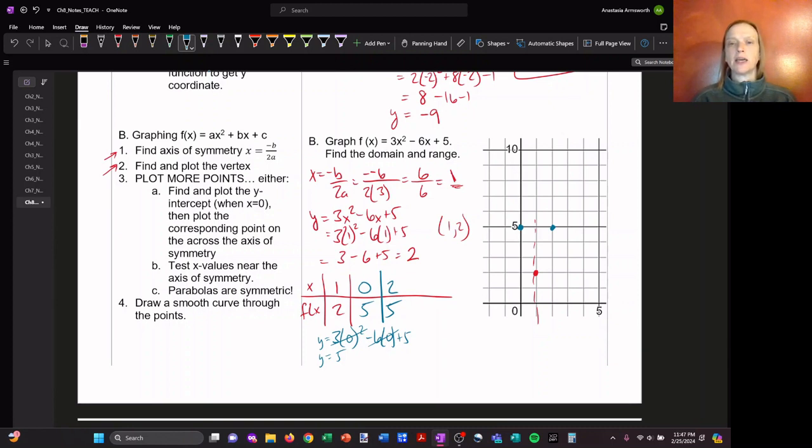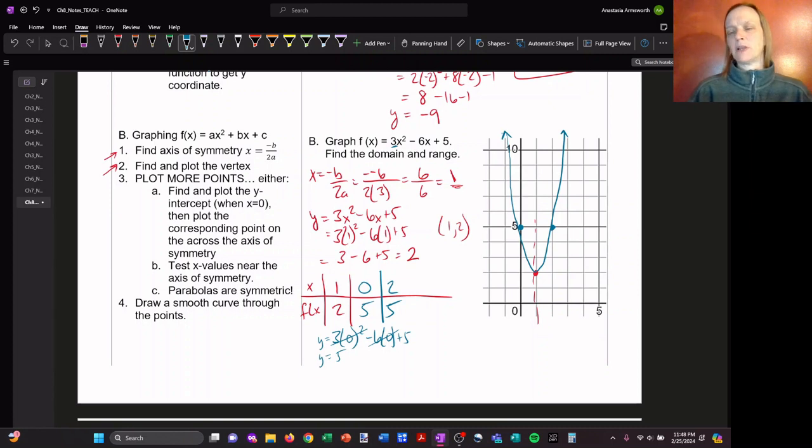At this point, I can see that I do have this stretch value, this multiplication factor of 3. And my subsequent points are just going to be off the page here. So I'm just going to go ahead and graph my parabola as best I can with the 3 points I have.